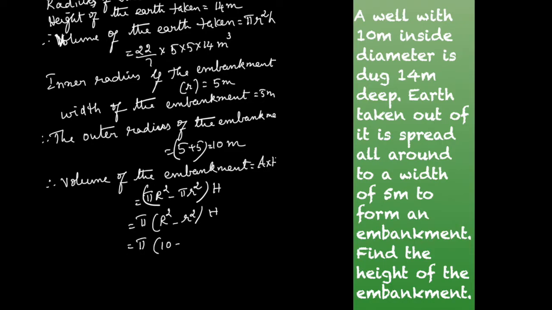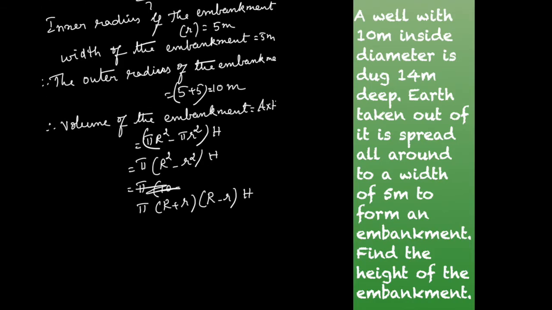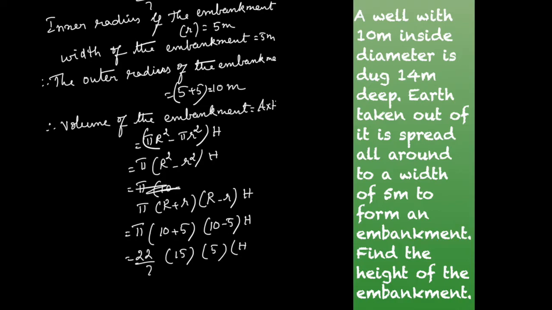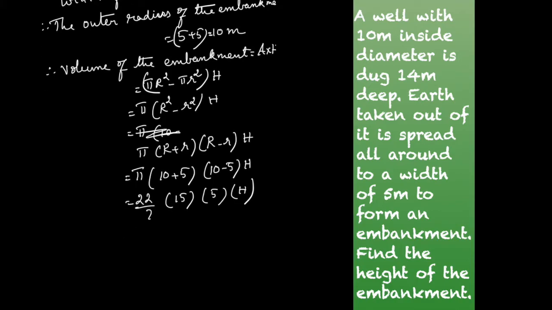To make our work very easy, we can write it as pi into R plus r into R minus r into h. We know a squared minus b squared is a plus b into a minus b. So pi into 10 plus 5 into 10 minus 5 into h, that is 22 by 7 into 15 into 5 into h. Here also I am not going to do any calculation.